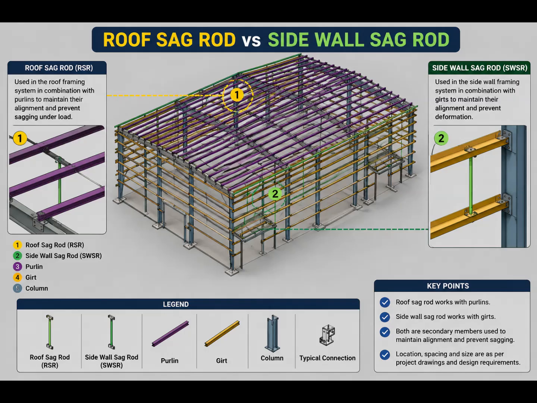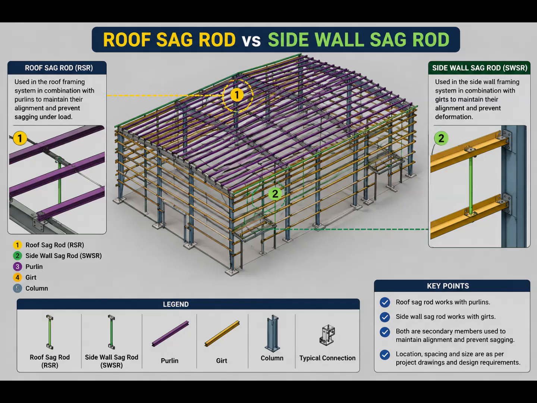Now, looking at this complete building, we can see how many different structural members work together. The main columns and rafters create the primary structural frame. The roof purlins support the roof system. The wall girts support the side wall system. Bracing members provide additional stability according to the structural arrangement.